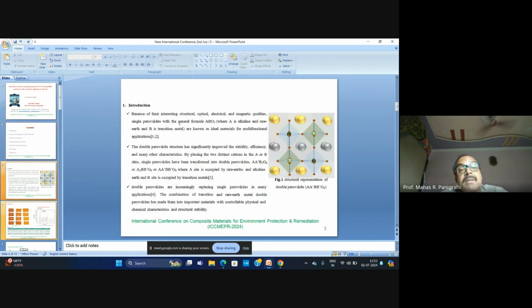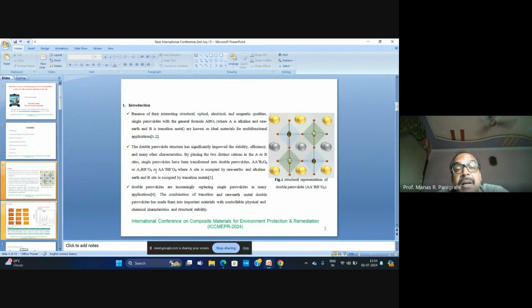Double perovskite materials are definitely better than single perovskite materials, and our material is of the form A2BB'O6. Basically, a double perovskite material is synthesized based on a certain formula called the tolerance factor. The tolerance factor I have not written here.